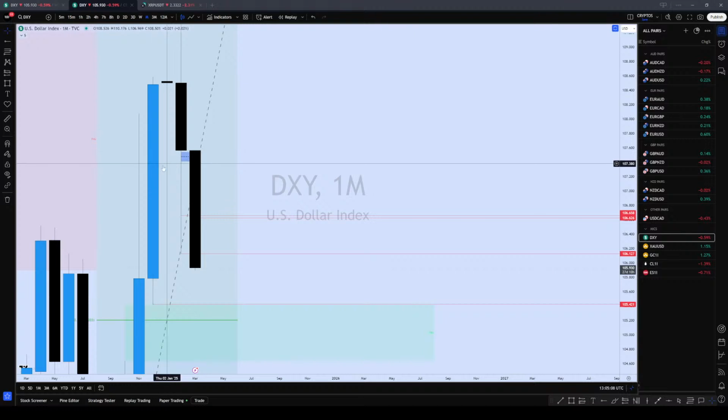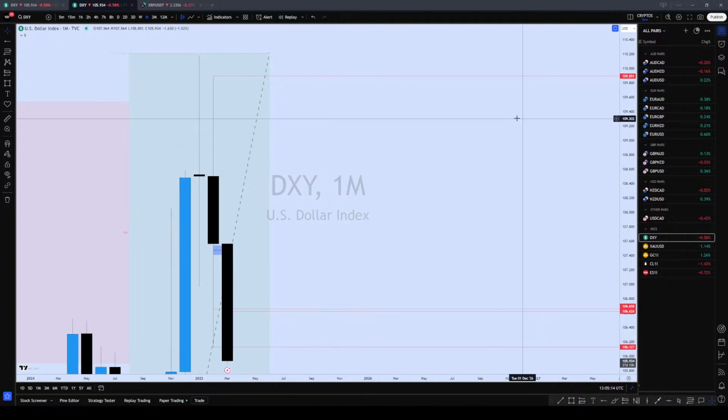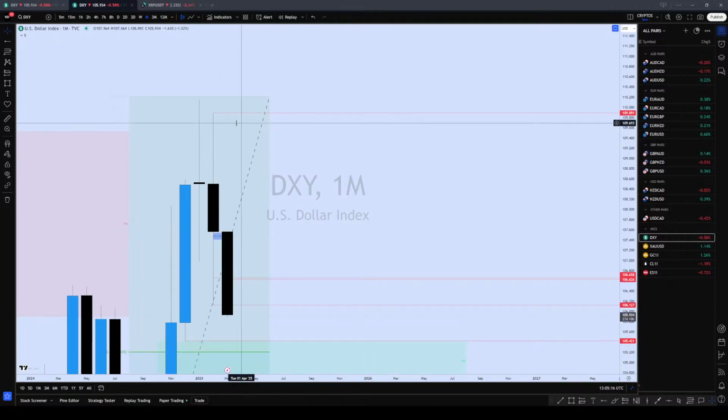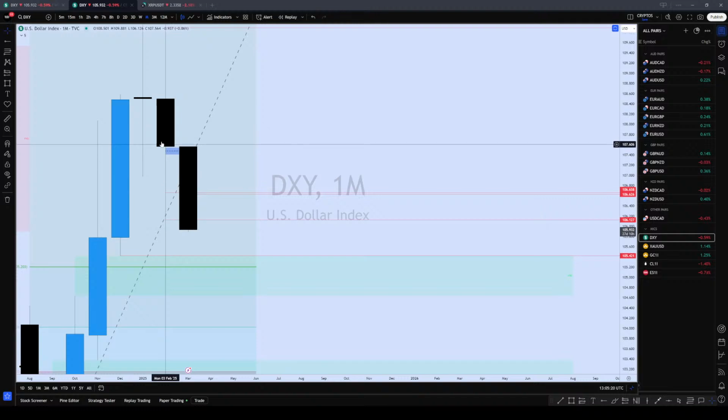When you see this kind of price action where price forms a turning point, a swing, but the third candle takes out the low, it rejects and then comes higher.